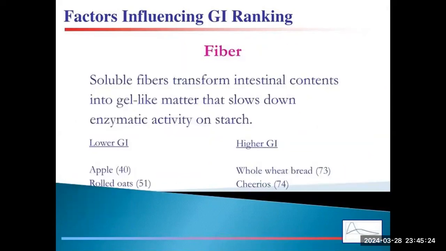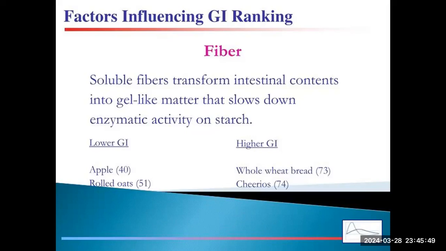Factors influencing GI ranking: fiber. Soluble fibers transform intestinal contents into gel-like matter that slows down enzymatic activity on starch. Fiber is very, very important, because if we don't take fiber in the diet, it leads to constipation.